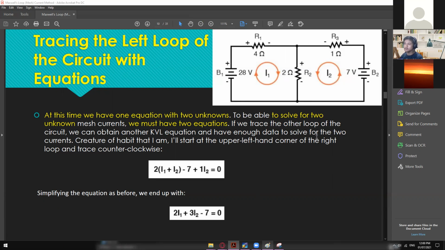Okay, so again, I'll give you maybe 20 seconds to analyze the second equation. So again, just give me a thumbs up once you were able to get this one already.